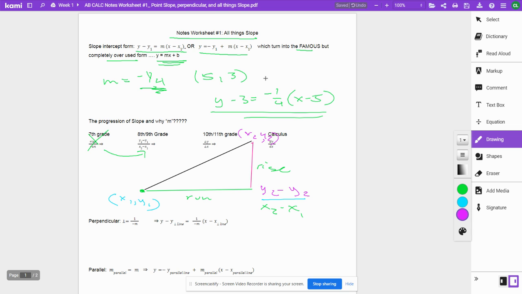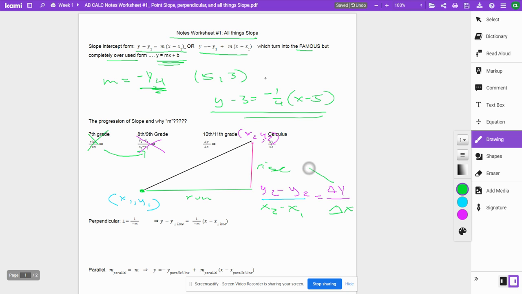So we've turned this into rise over run. Then instead of writing the formula, we just want the difference in the y's, the change in the y's over the change in the x's. And so this is where calculus comes into play.